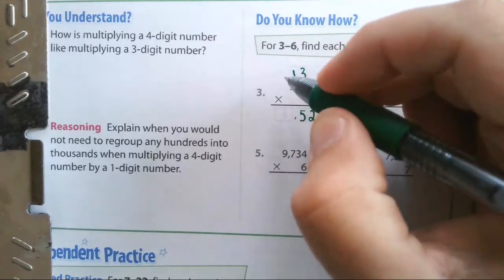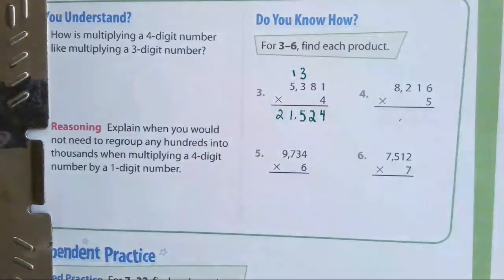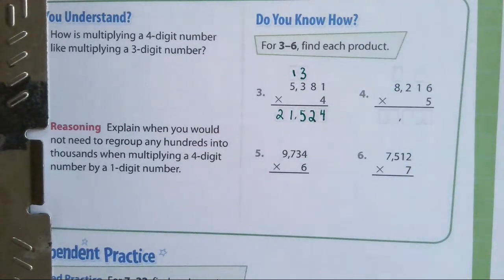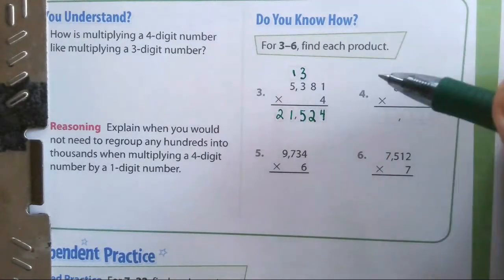Plus 1 gets me 21. So I have 21,524 as my answer. The biggest place you're going to make a mistake, boys and girls, is when you are regrouping. Just be careful what you're carrying over, and don't forget to add that number up there at the top.